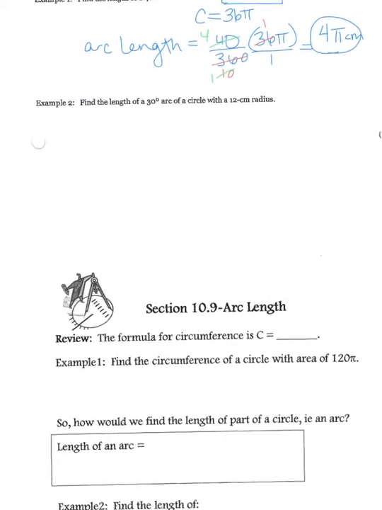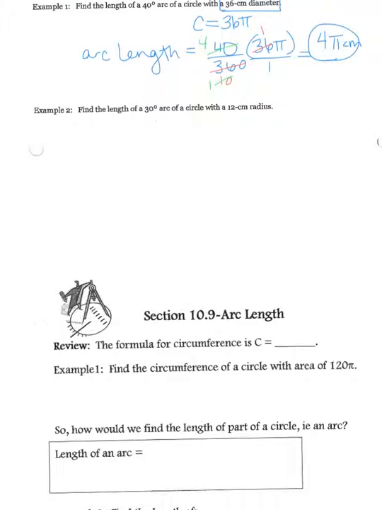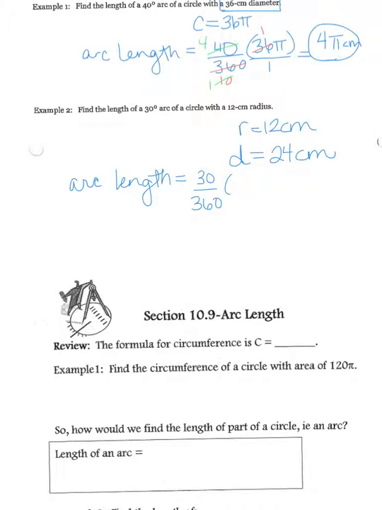Next one, example 2: find the length of a 30-degree arc of a circle with a 12 centimeter radius. So this time we're given the radius, which is 12 centimeters. To get the diameter, we would double that, which would be 24 centimeters. If we have a 30-degree arc, the arc length would equal 30 over 360 times the circumference of 24 pi.